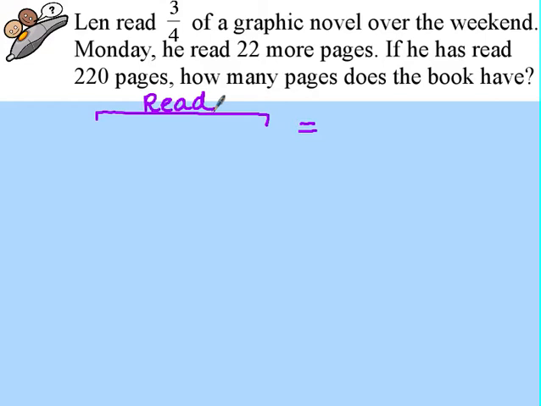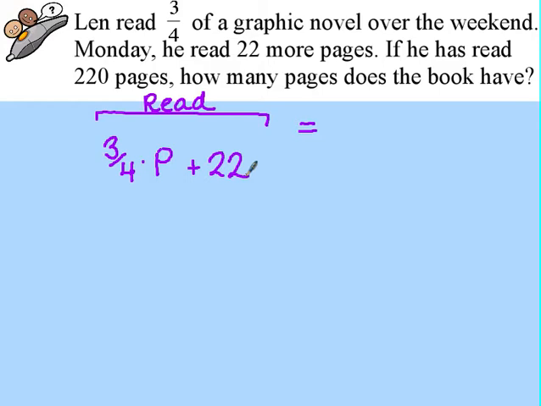So let's start. On the weekend, he read what? 3/4 of what? The book. So let's just call it P for pages. Okay. Then what do I do with the Monday information? I add it to 22. Okay, so that's what he read. That equals something. I'm going to let you figure out what it equals.